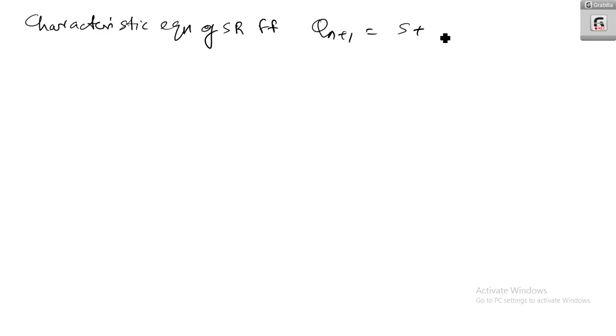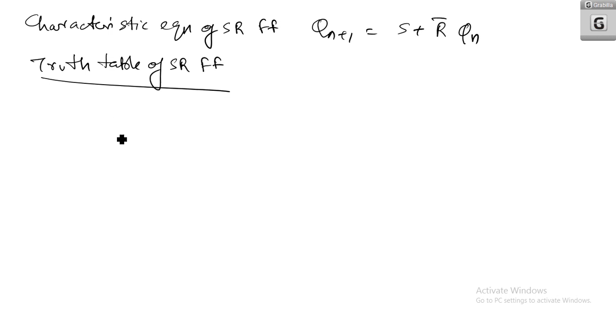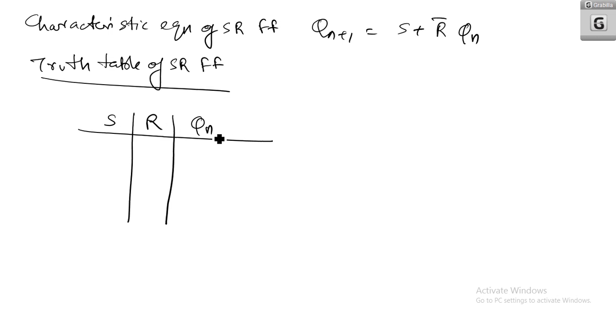Now let me draw the truth table of SR flip-flop. For SR flip-flop, the inputs are S and R. Assume that clock is equal to 1 and inputs are S and R, and the output is the next state, that is Qn plus 1.